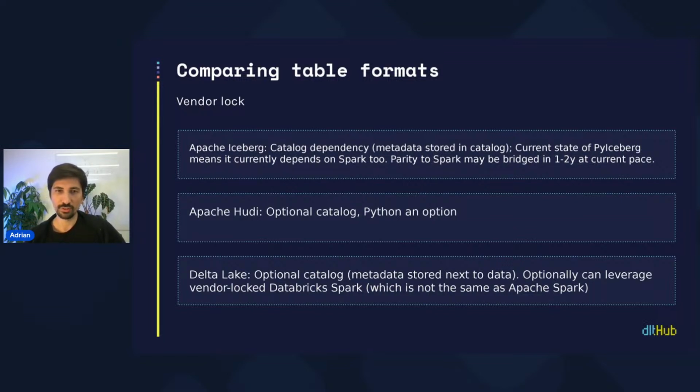But even when it gets there, it will still have this catalog dependency. For Apache Hudi, things are operational. You can just use it. And for Delta Lake, again, because we have metadata stored next to the data, you don't actually need to use a catalog. But if you do, you need to be careful of vendor locks.